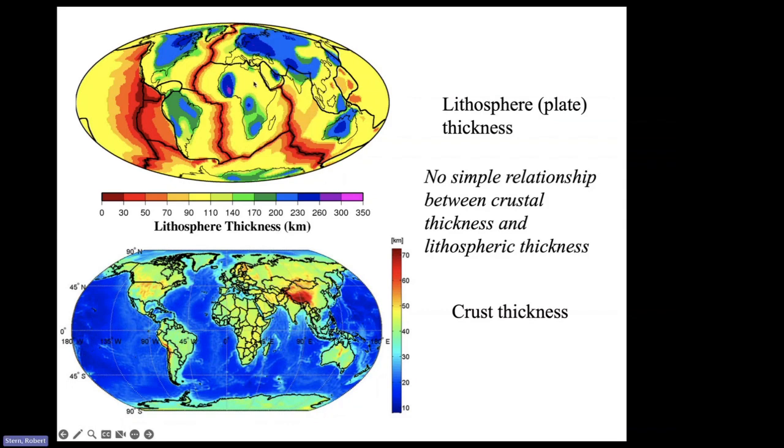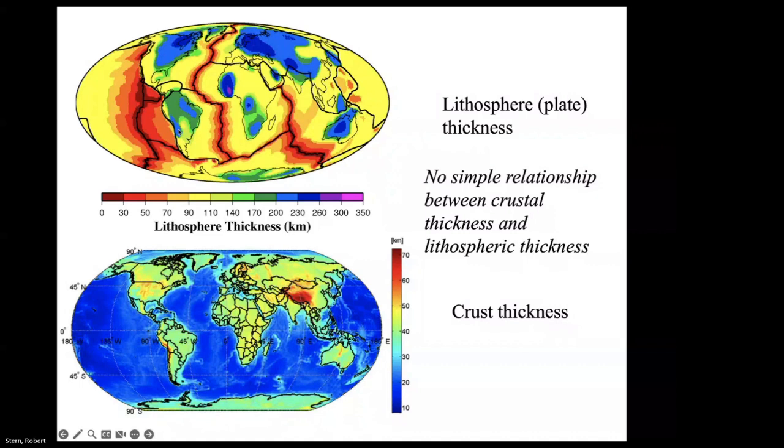But look, the maps of lithospheric thickness are quite different. The thickest lithosphere is up here in Europe or in Western Australia or in Western Africa. It's not up here in Tibet or in the central Andes.